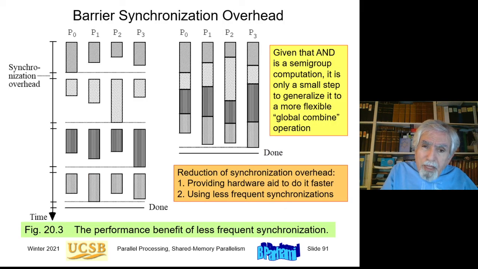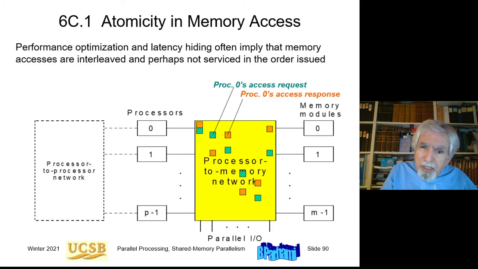Okay, I mentioned that some memory accesses may be delayed, and in fact the delay can also occur because multiple processors can access the same memory bank. So an access from this processor goes to this memory bank, and some other processor's access arrives there at the same time.